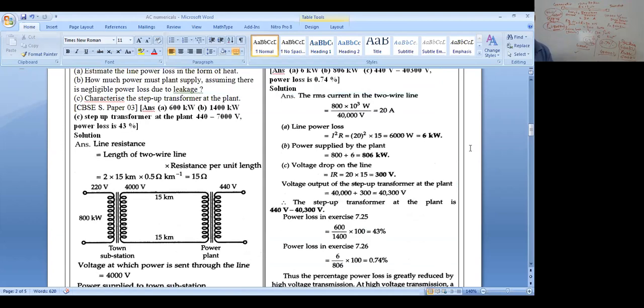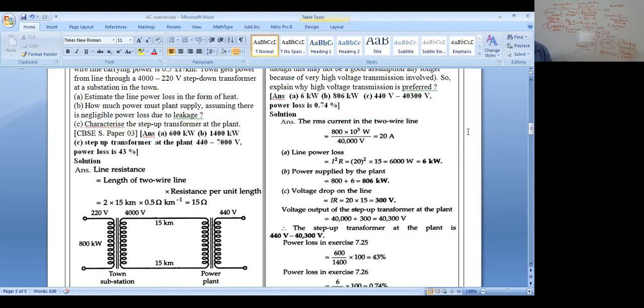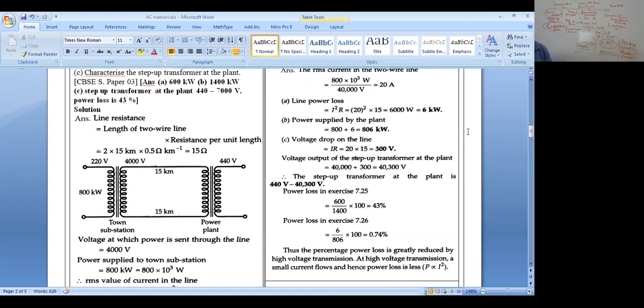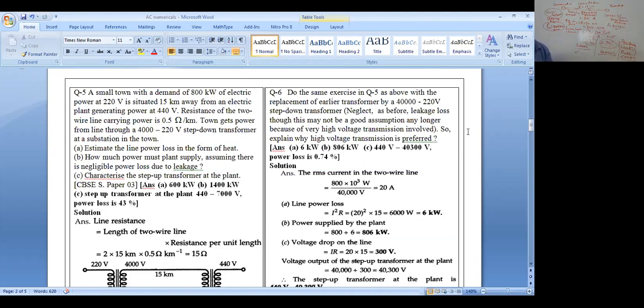We want to increase the transmission voltage as far as possible to decrease the losses, to decrease the line current and voltage drop also, so that if loss is minimum, the cost of electricity is also minimum.